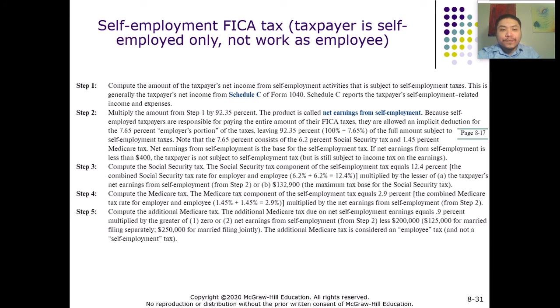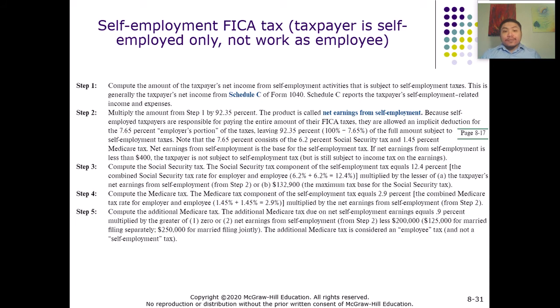So to calculate the Social Security tax, we take this net earnings from self-employment that we calculated in step 2 and multiply by 12.4%, because the taxpayer still has to pay the employee part and the employer part of the Social Security tax. So 6.2 plus 6.2, that's why 12.4%.